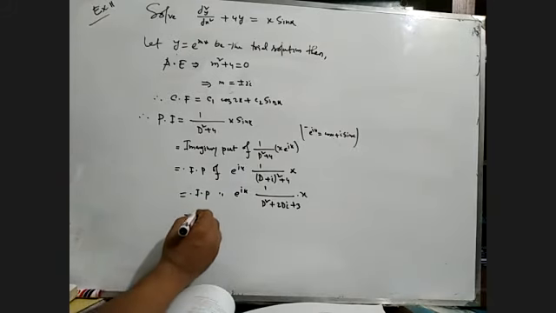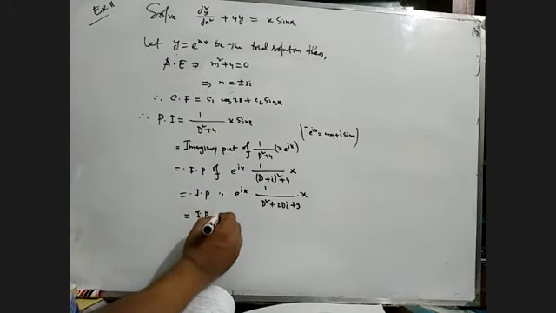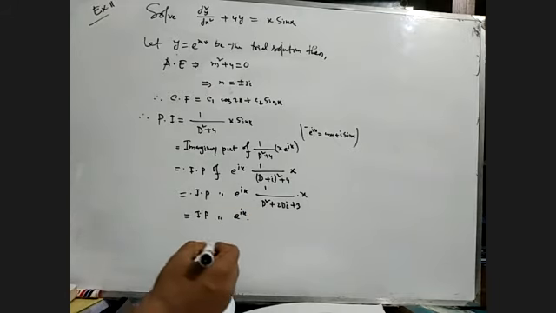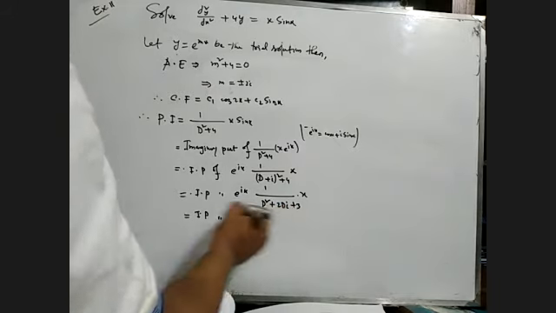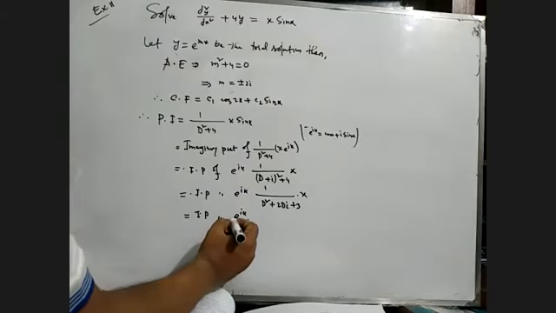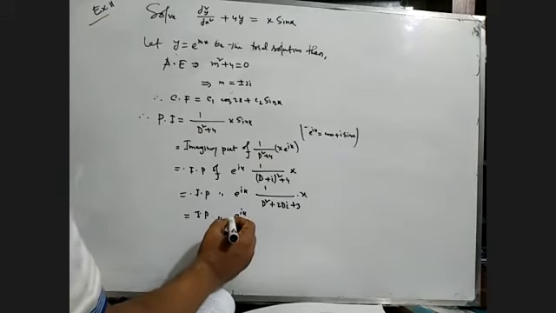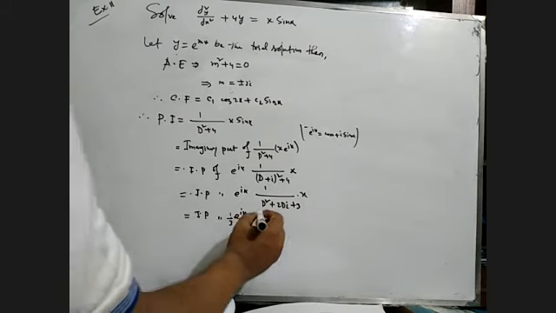So this equals the imaginary part of e to the power ix into... if we take 3 common from here, then it will become 1 by 3.